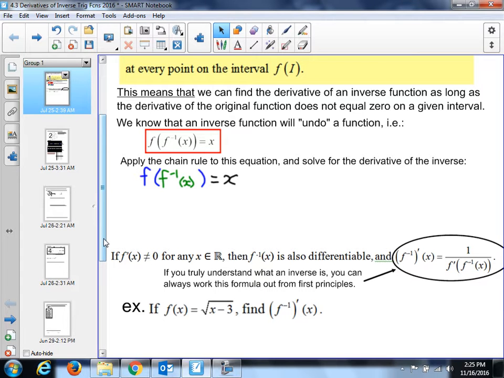Now, if I take the d by dx operator, I do the derivative with respect to x. What are we going to get here? The derivative of the outside? It's very abstract right now. We don't have an actual function like x plus 2 or something like that.